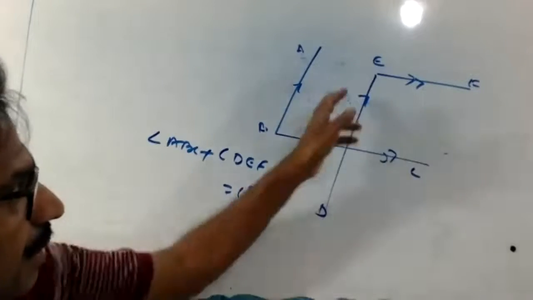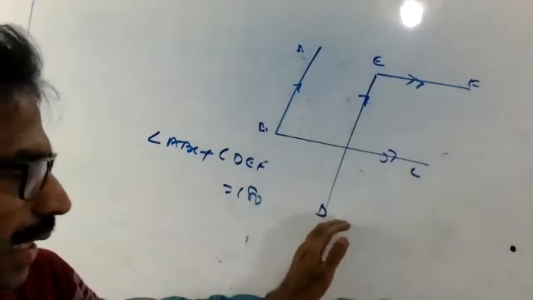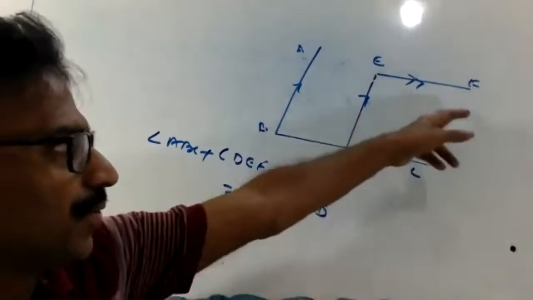Question again. AB parallel to ED. BC parallel to EF.